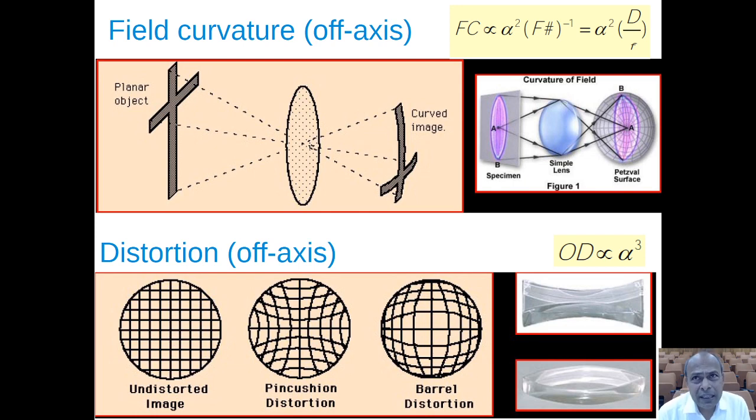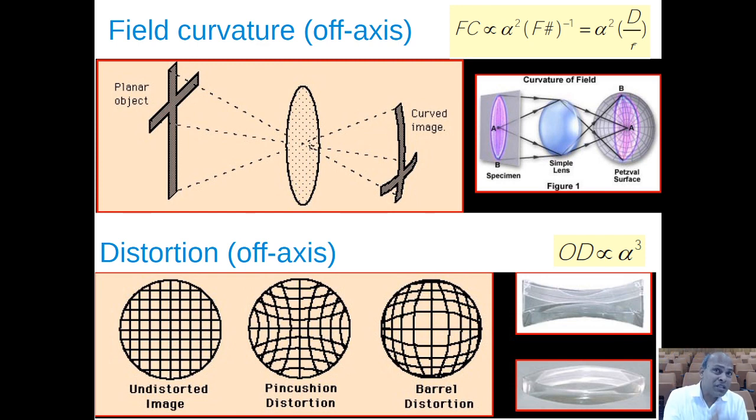Now there are the fourth and fifth monochromatic aberrations. The first one is the field curvature. This is again an off-axis aberration. This goes as alpha square. This aberration arises from the optical element. This is an intrinsic property.